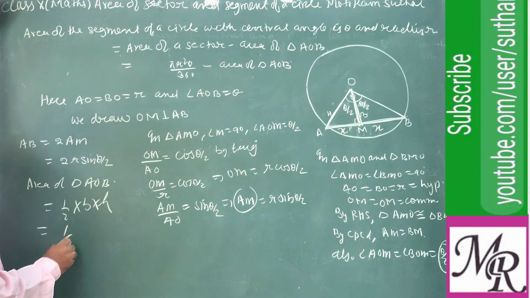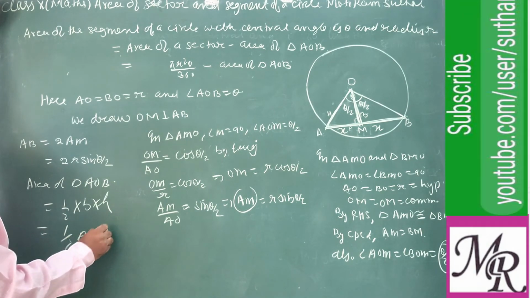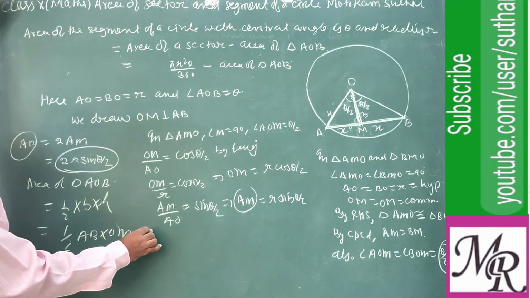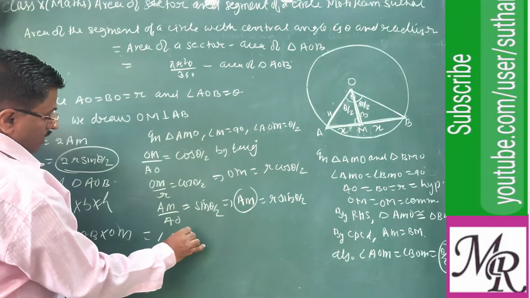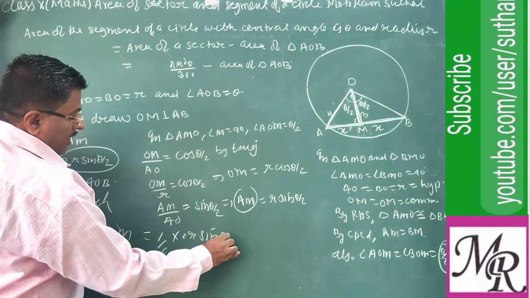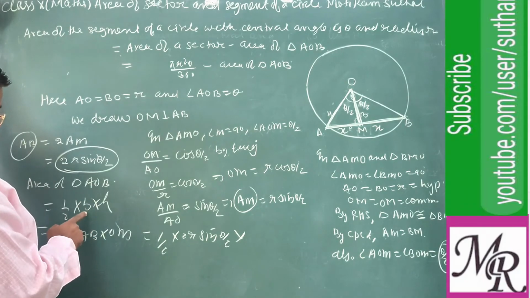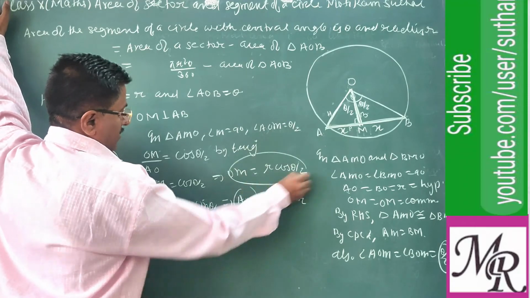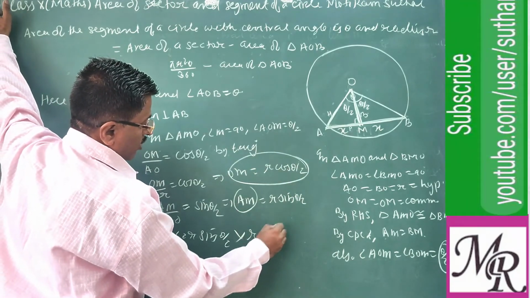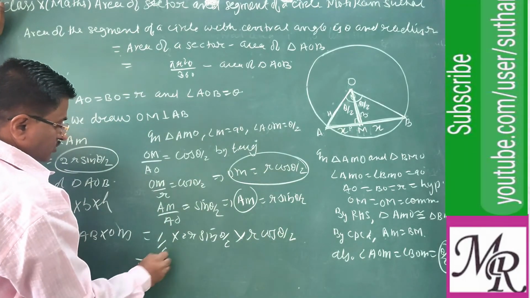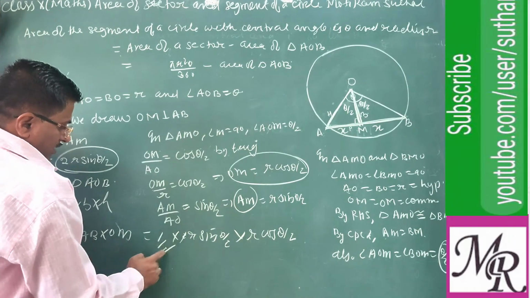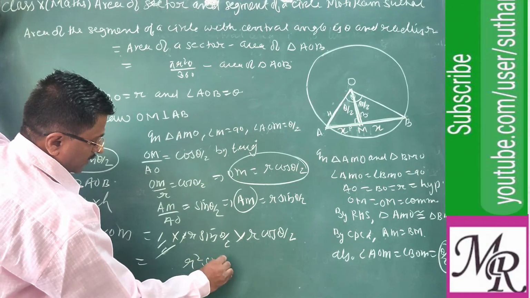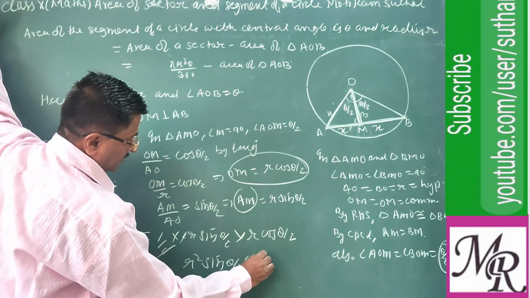One by two, base AB, which we can write as 2R sine theta by 2, into height OM, which is R cos theta by 2. The 2 cancels with 2, and R into R gives R squared. So this is the formula in general.